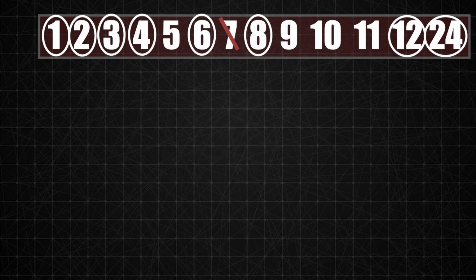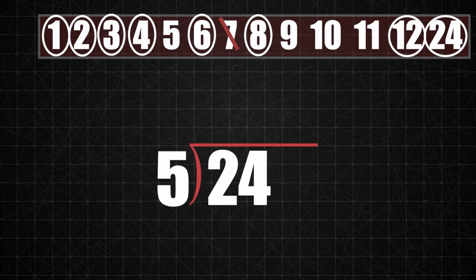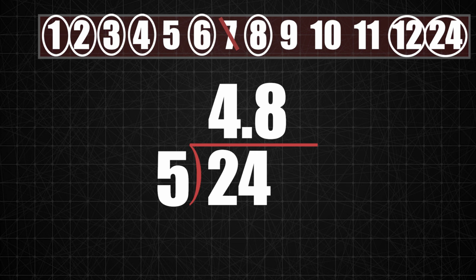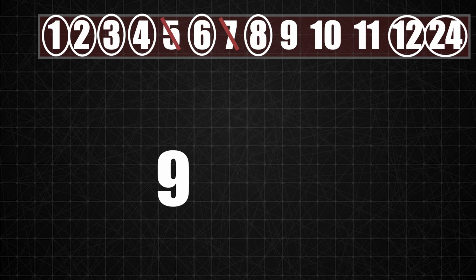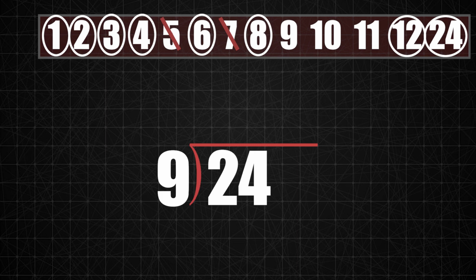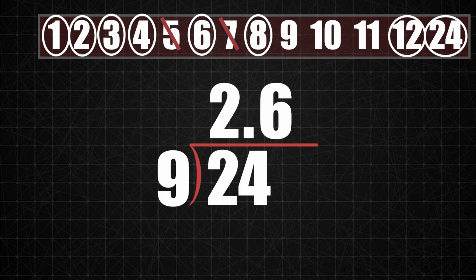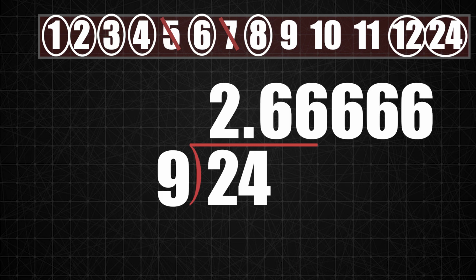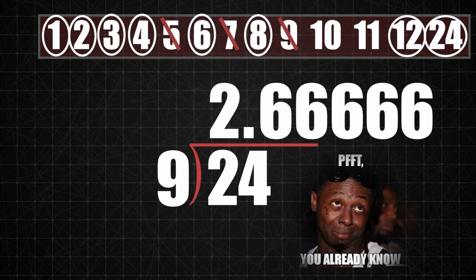Alright, so let's move on to the next number we haven't checked, 5. 24 divided by 5 equals 4.8. That didn't divide evenly because our answer is a decimal number. That means that 5 is not a factor of 24. Next, we'll try 9. 24 divided by 9 equals 2.66666, and so on. So we already know that's not a factor.